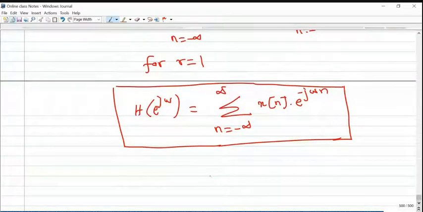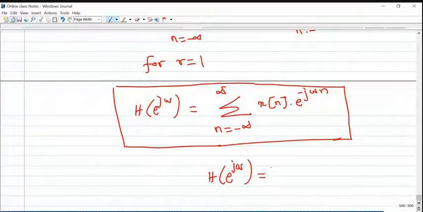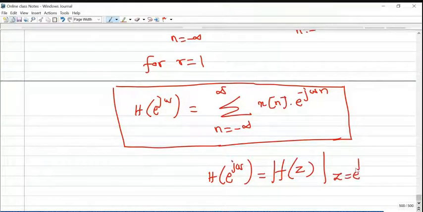That is, X(e^(jω)) can be obtained from X(z) by replacing z with e^(jω). This is a very important relationship.